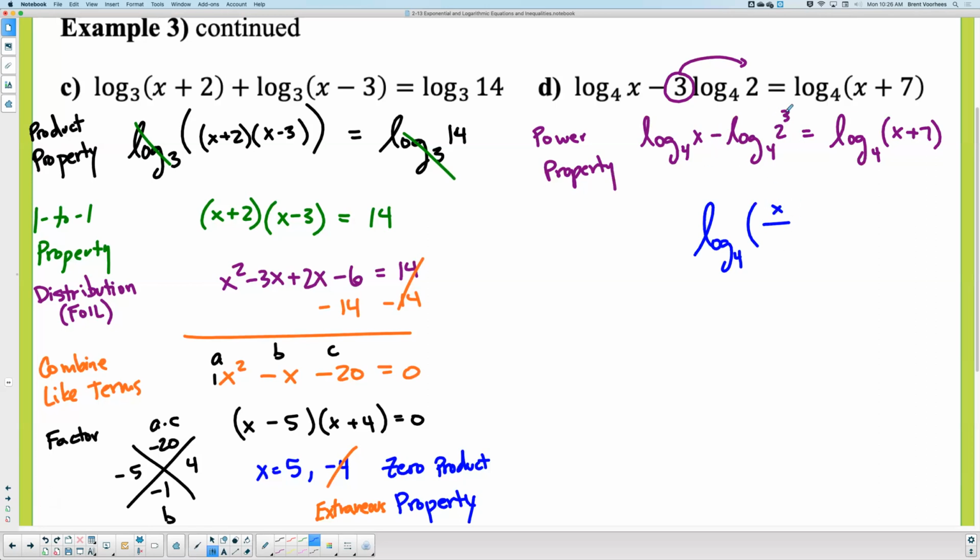I'm going to make a substitution. What's 2 cubed equivalent to? 8. That is equal to log base 4 of x plus 7. Now that was the quotient property.